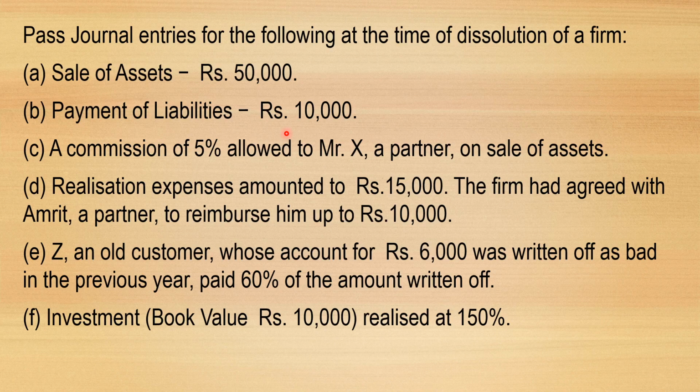That time the firm's cash outflow is not there at that moment. Later on that cash outflow will be there. So artificially you have to increase that partner's capital account. So that time realization to cash or bank will not do; we will do realization account debit to the respective partner's capital account.